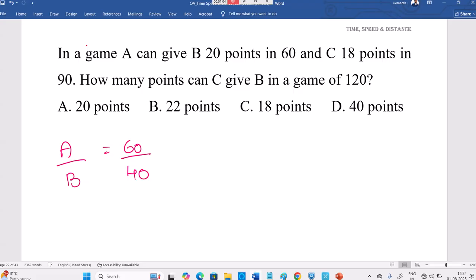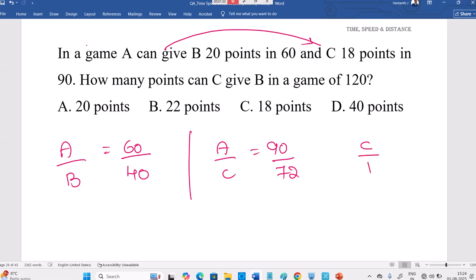Then C: A can give C 18 points in 90, so A is 90 and C is 72. Now the question is regarding C giving B in a game of 120. If you know the C by B relationship, then we can decide the answer.